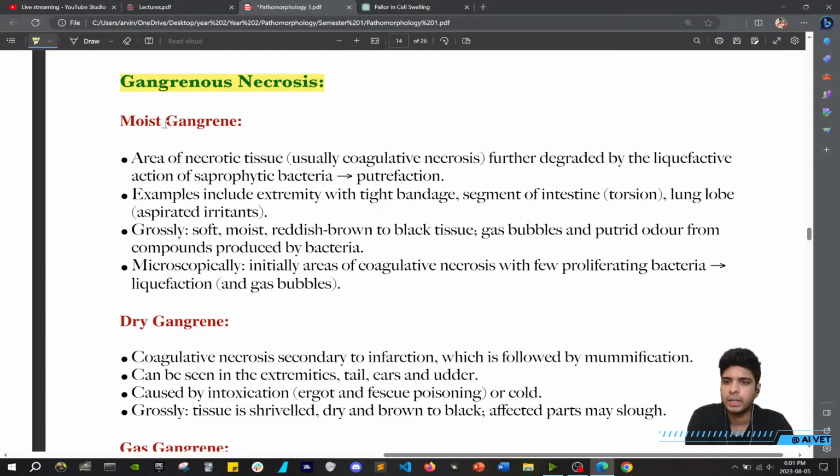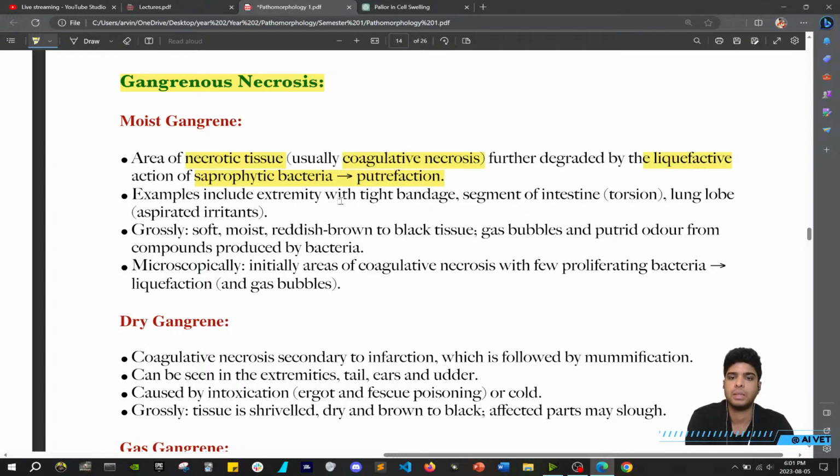So moist gangrene is an area of necrotic tissue starting with coagulative necrosis and then degraded by liquefactive action. In this case, the only difference is that the liquefactive necrosis is done by saprophytic bacteria, which leads to putrefaction, basically rot.